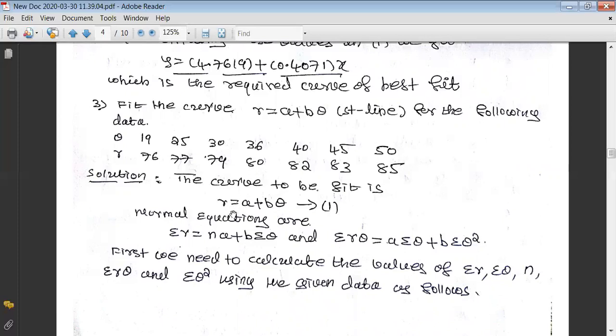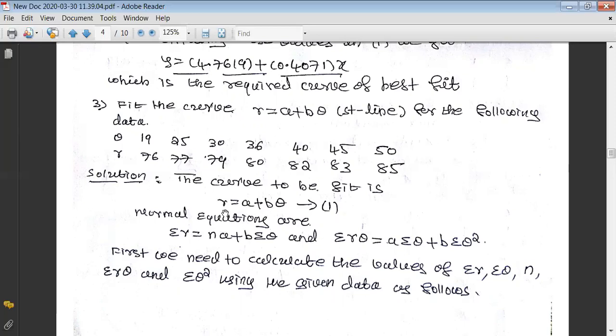As I told you, the procedure of writing the normal equations is: first, take the direct summation for the equation of the curve to be fit, that is summation r equal to n times a plus b, a constant, into summation theta. In this case, the independent variable is theta. Multiply both sides by that, then take the summation.